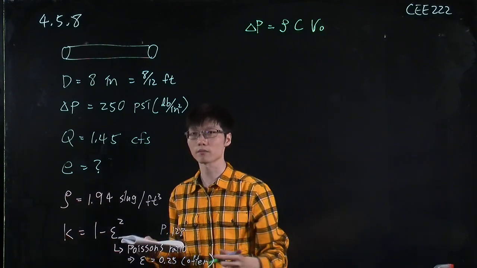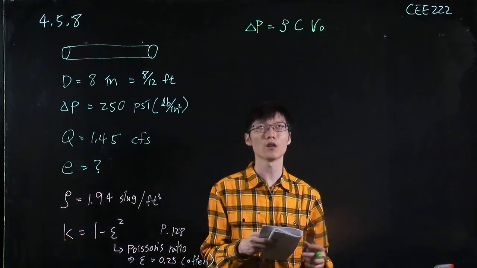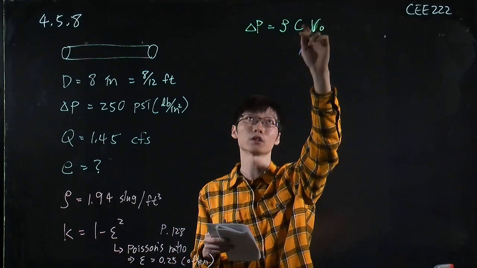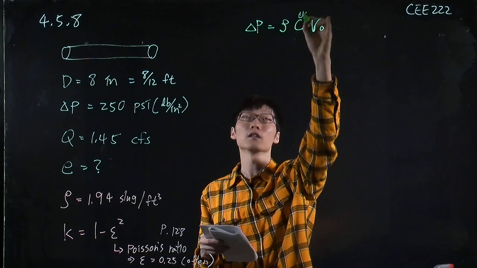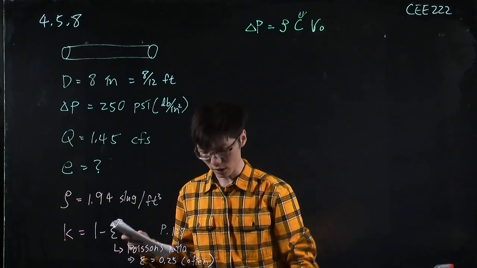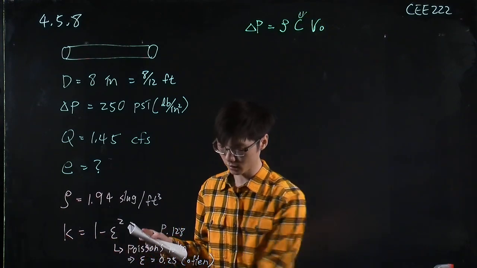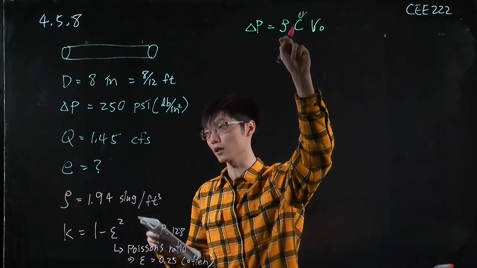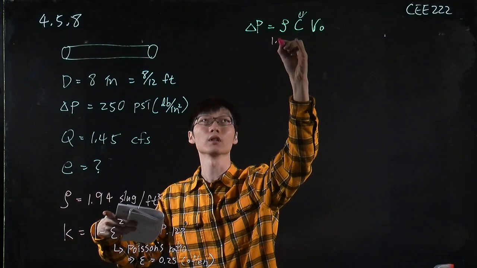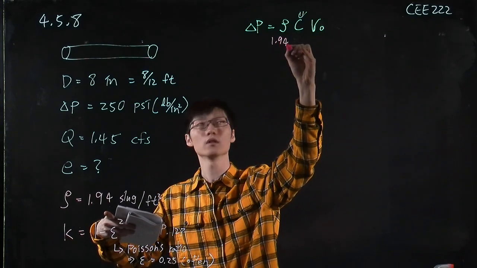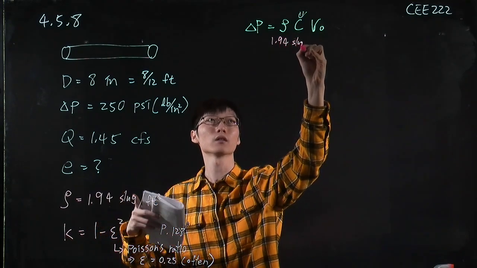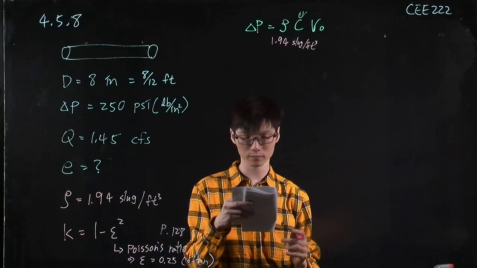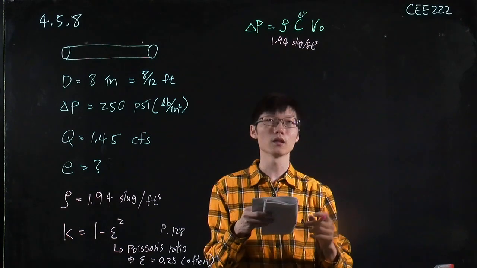We already know that this problem is a rapid closure problem, so we can apply this equation to solve for C. Because we already know that the density is equal to 1.94 slug per cubic feet.